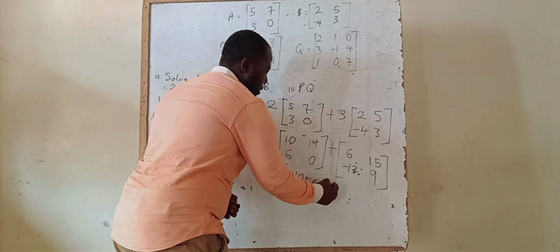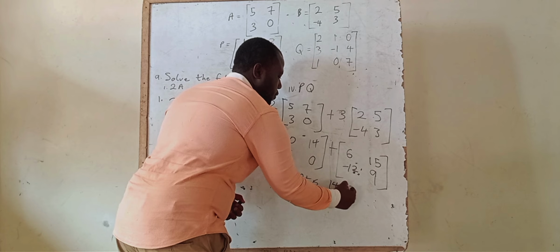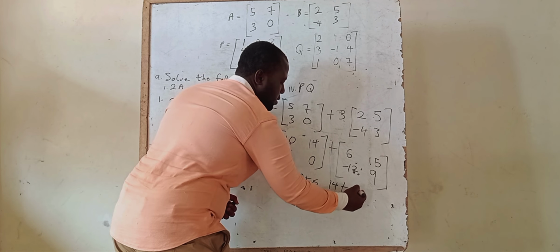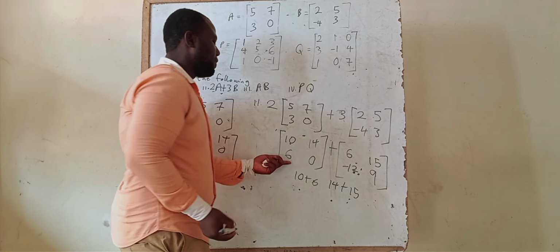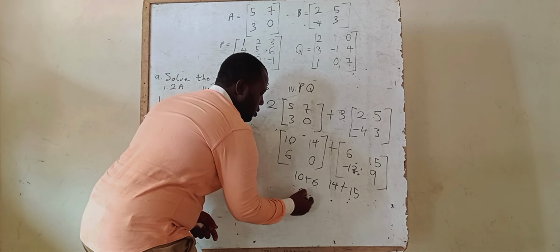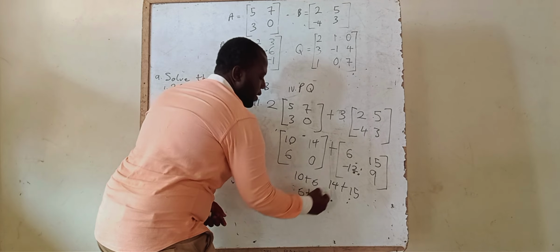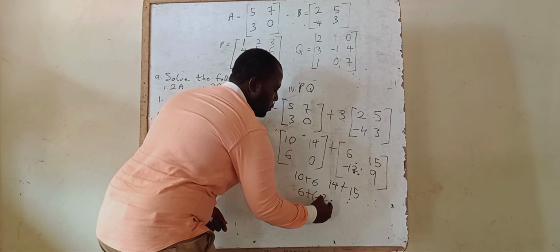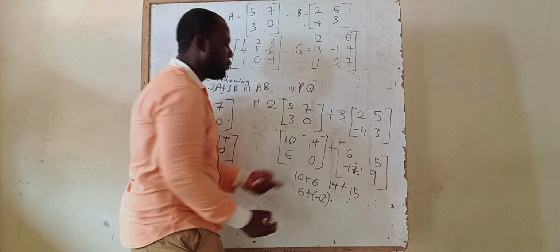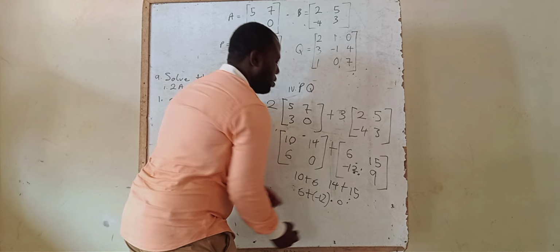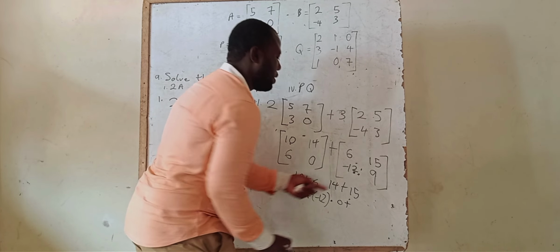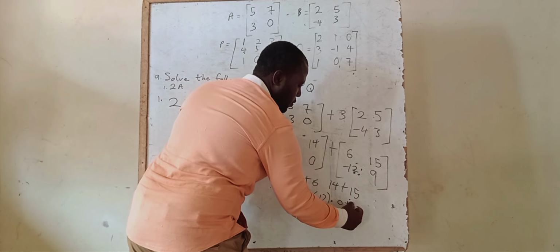We take 14 plus its corresponding element, 15. We take 6, whose corresponding element is -12. We take 0 plus its corresponding element, which is 9.